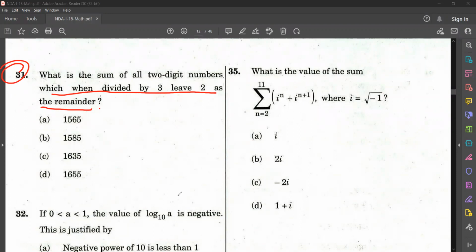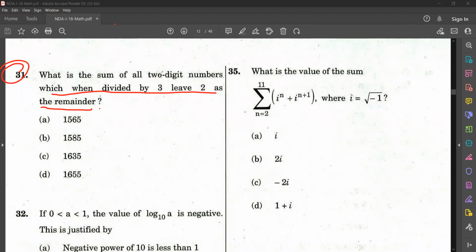So that is a question from AP, and I want all of you to do that. This forms an AP, isn't it?